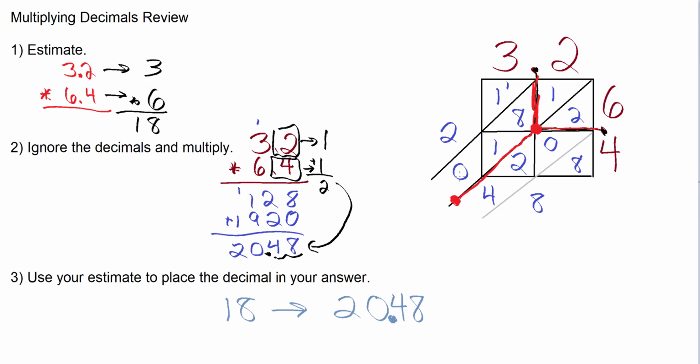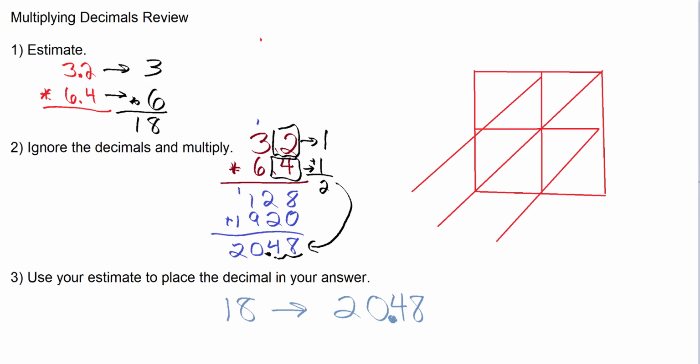Okay, now sometimes we have a problem that doesn't have a decimal place, for instance, if we were doing the problem 27 times 3 7/10. We would still do the same process, and you would still do the estimate.